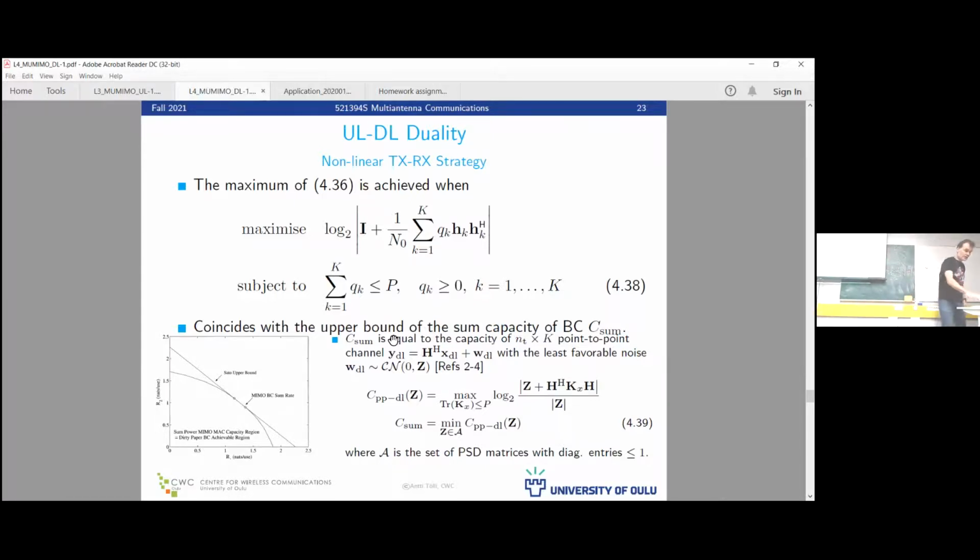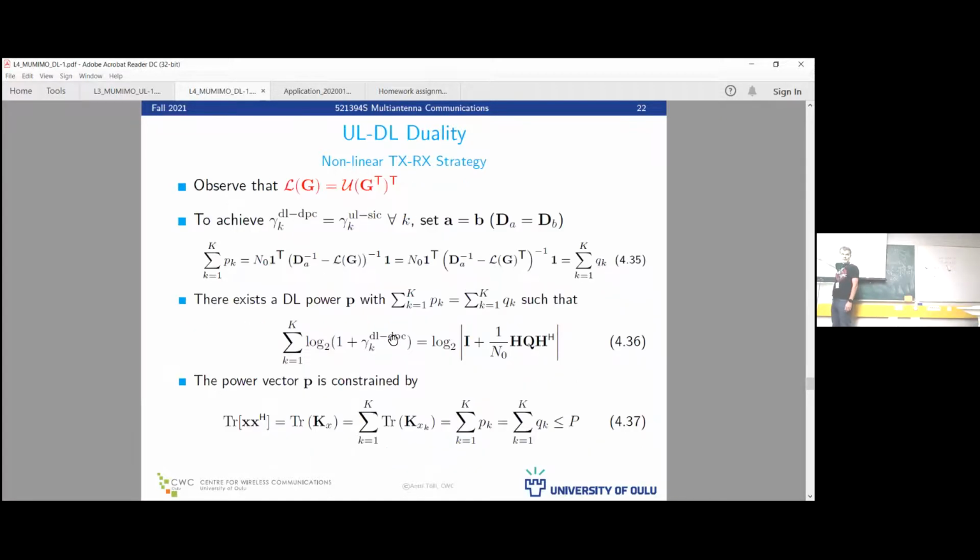If we try to solve this one directly in the downlink, it's impossible. If we write here the SINR expressions for the downlink, it's neither concave nor convex. We cannot rearrange it in the same way as in the uplink case.